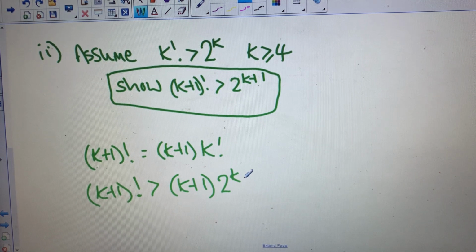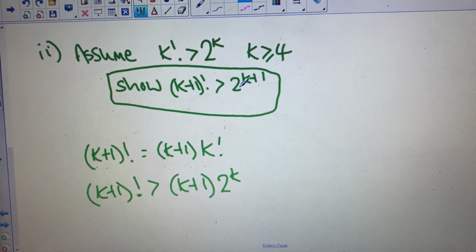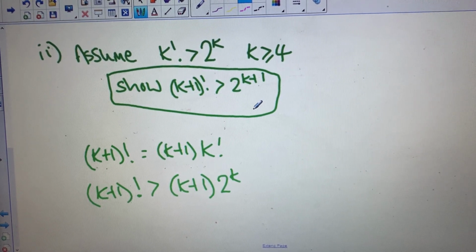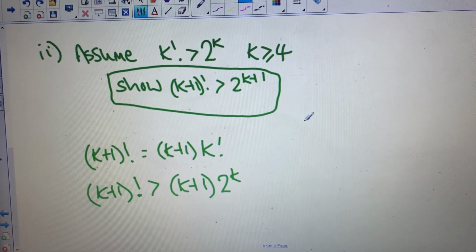Now, I know what I want to show here is that k plus 1 factorial is greater than 2 to the k plus 1. And this is how it feels a little bit like with an inequality, because it's just got to be greater than, or it's just got to be less than. It almost feels like a little bit of a fudge.